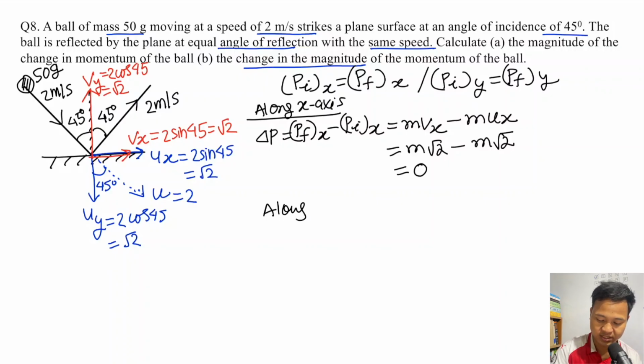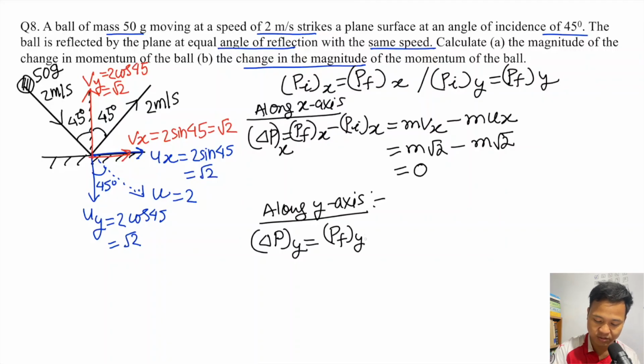Along the y-axis, delta p, change in momentum along the y-axis, is p final along the y-axis minus p initial along the y-axis, that is m into v final minus m into v initial.